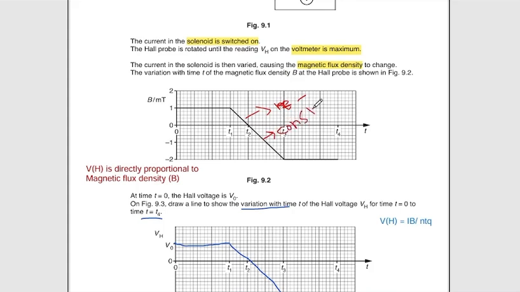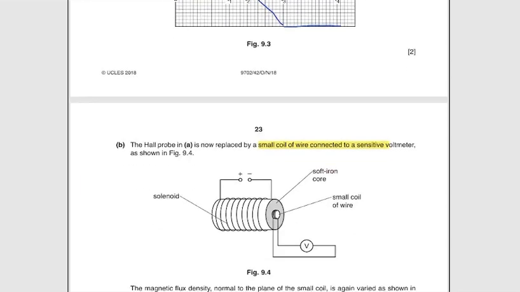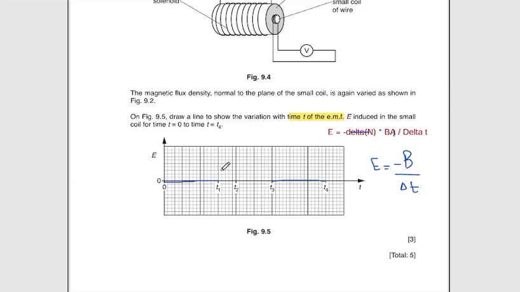Now that I have deduced these two things, I know that the negative of this gradient is going to give me EMF, so negative becomes positive. So I know one thing for certain, that it's going to be on the positive side. And constant gradient means that it's going to be a constant value.